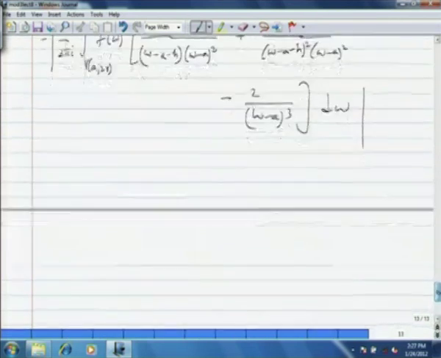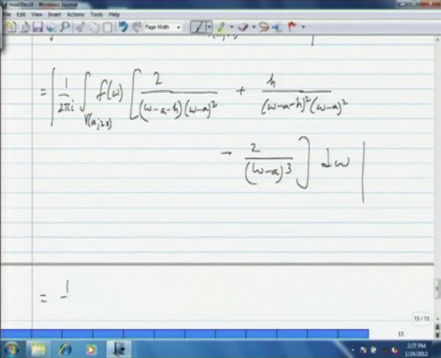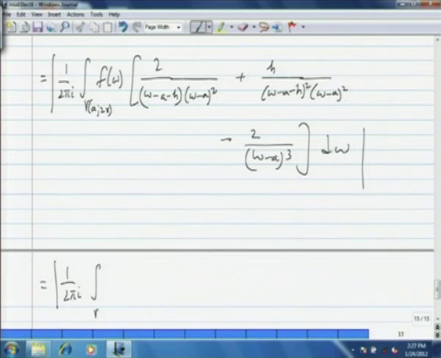So, this is in turn equal to 1 by 2 pi i in the modulus, integration over gamma a to r of f of w times.